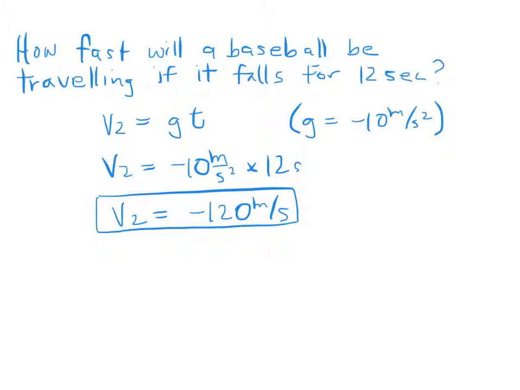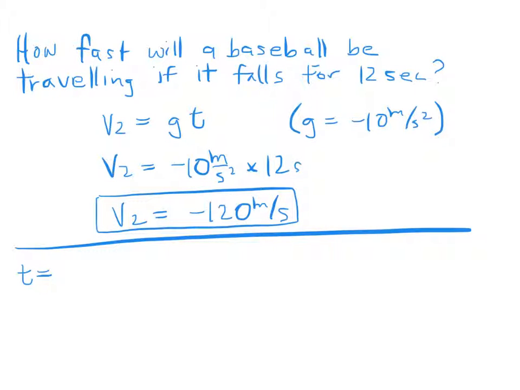What if I asked you now, how fast would the baseball be traveling if it fell for 3.2 seconds? So you go ahead and figure that out, pause, and then come back when you're ready. I'm going to do the same thing I did before.